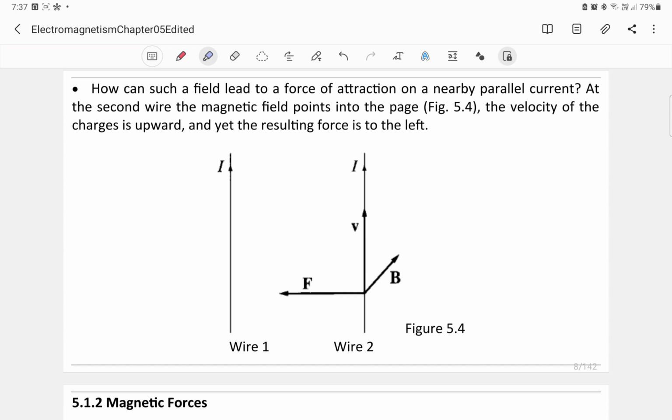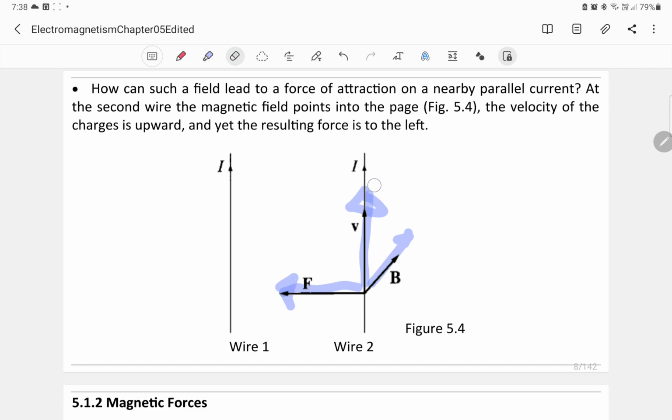So the first wire will attract wire 2. And by the way, this is the direction of the current, and this is the magnetic field. They're always perpendicular to each other in the force here.